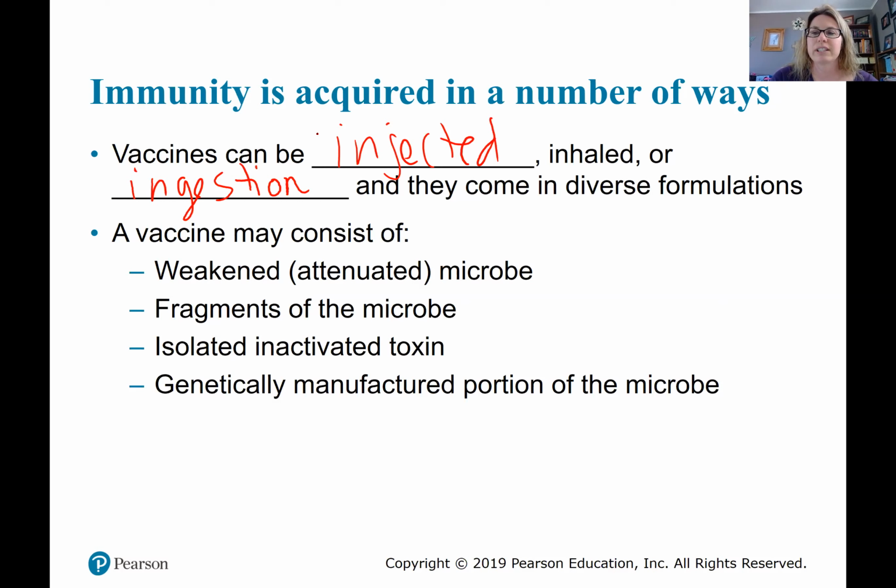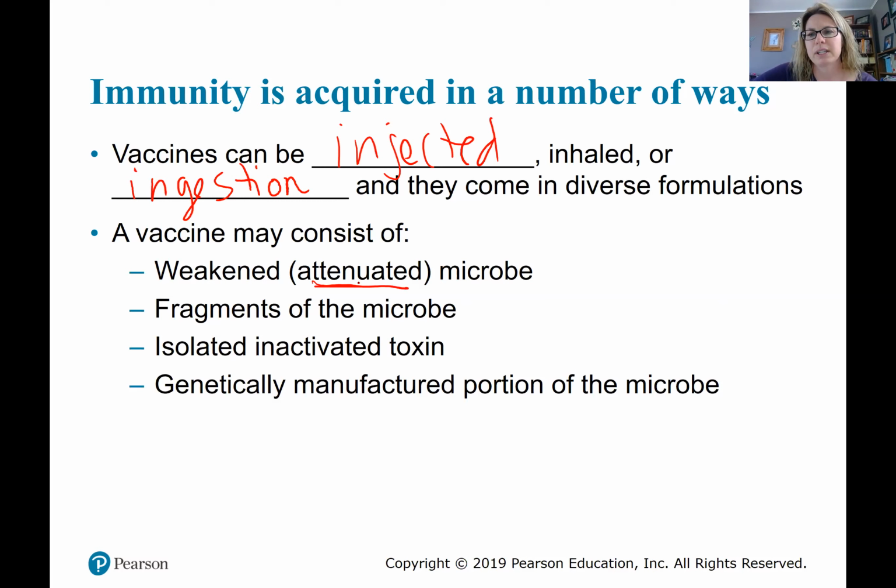Okay, so there are different types of vaccines, and that's one of the things on your review sheet for the exam. The vaccine types could be what we call attenuated, a vaccine which has a weakened microbe in it. I think Hib is one of them.